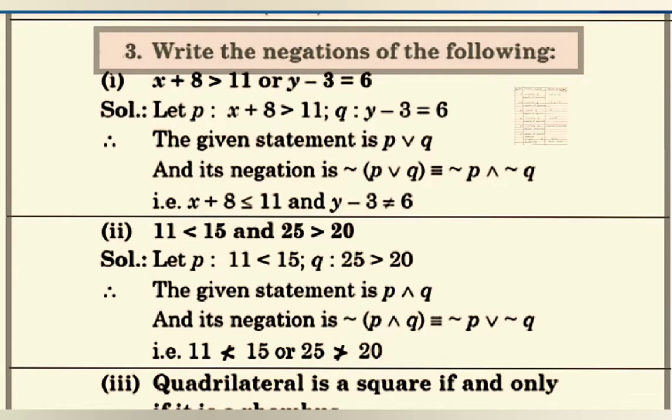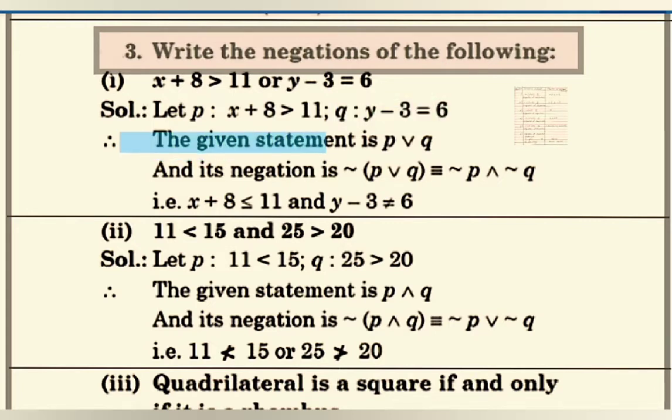Let's see. First is x plus 8 is greater than 11 or y minus 3 is equal to 6. First write down the P statement and the Q statement. The P statement is x plus 8 is greater than 11, and the Q statement is y minus 3 is equal to 6.